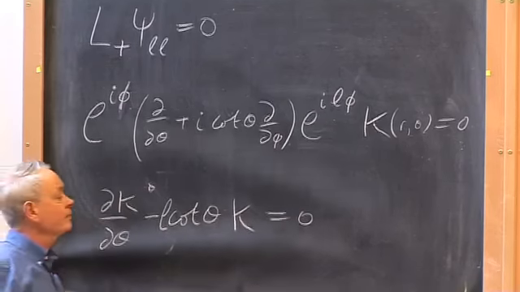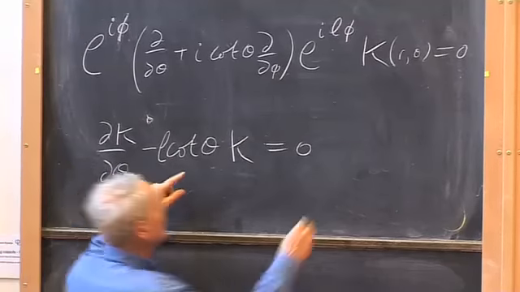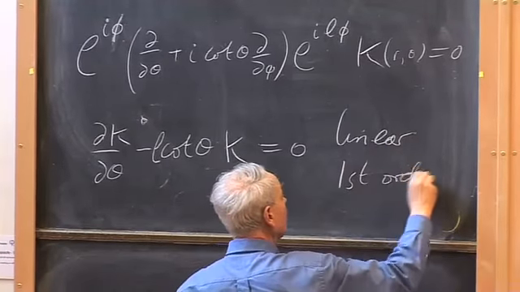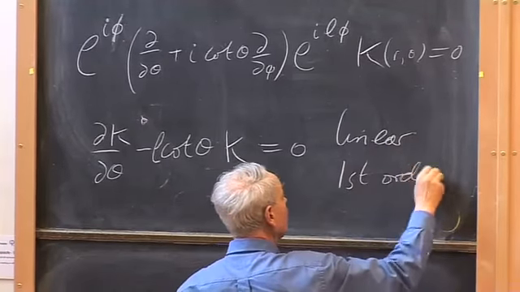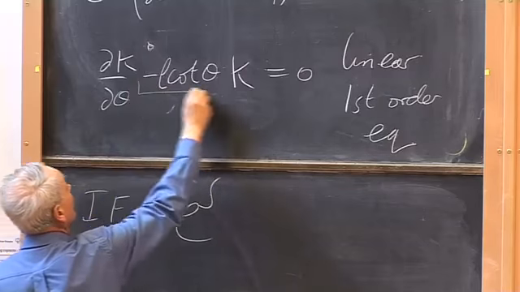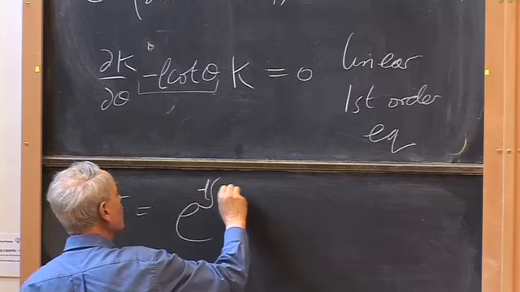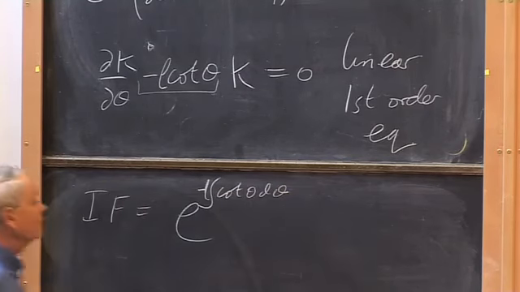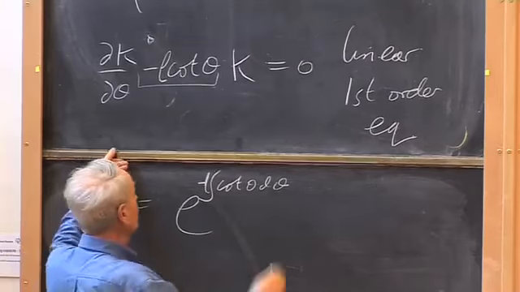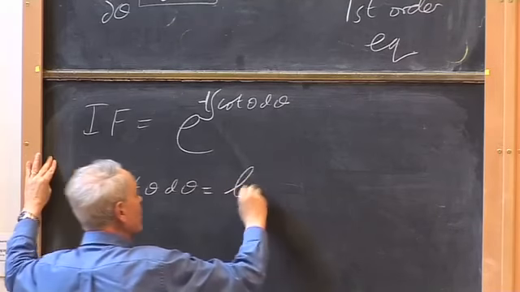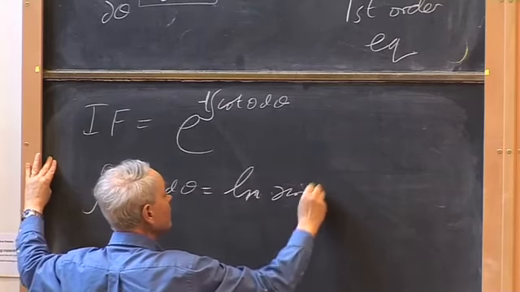It's not interesting. So here we have a linear first order differential equation, the friendliest kind of differential equation. So we solve it with an integrating factor. The integrating factor is e to the integral of minus L cot theta d theta. But I think that the integral of cot theta d theta is log sine theta.